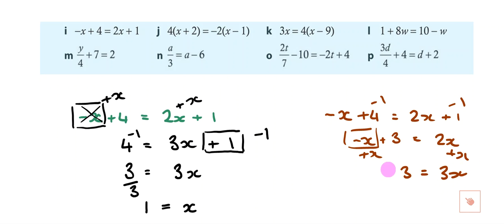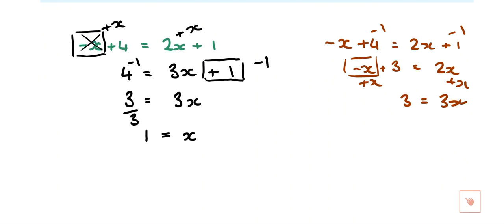Even just to show you another order of doing things, which would be a bit messy, if I started with negative x plus 4 equals 2x. Now, some people will do this because they don't think about it efficiently enough, and they'll go, I'm going to subtract 2 x's. What does that give me?